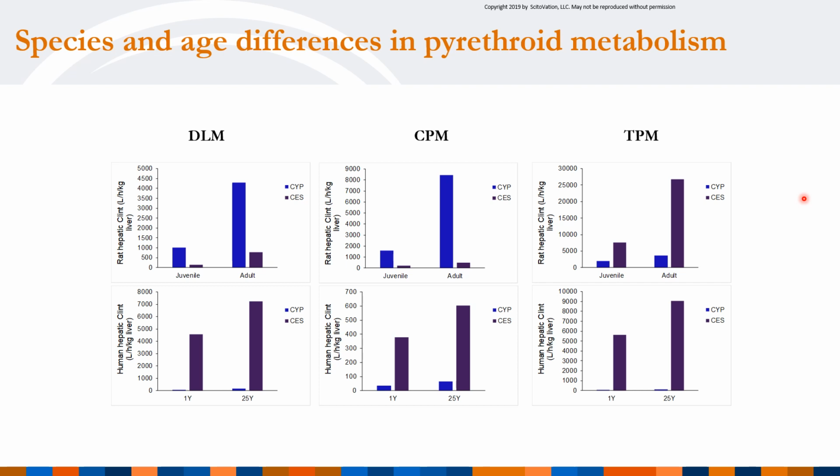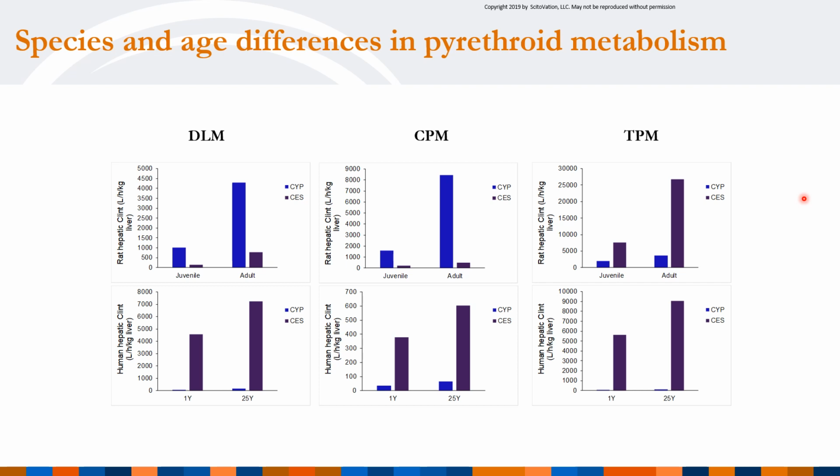Now, when we look at humans, the bottom lines, we can see that carboxylesterases are the major enzymes metabolizing pyrethroids, and the difference between children and adults is less pronounced compared to rats, even if intrinsic clearance is still higher in adults.